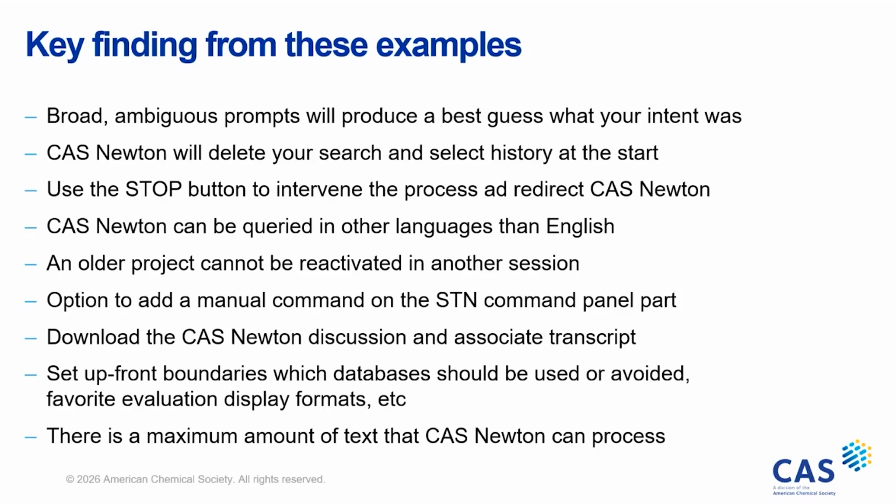And you can even ask Newton, do you understand what this answer set is? And it will probably come back and say, oh yeah, you've done a substructure search on this query and you found whatever 500 compounds. And then you could continue and say, could you help me find the patents that are older than this particular date? And that could help me perhaps invalidate a particular piece of IP.